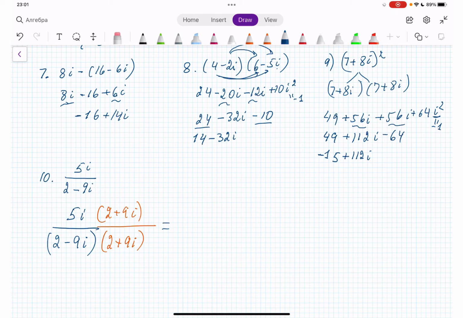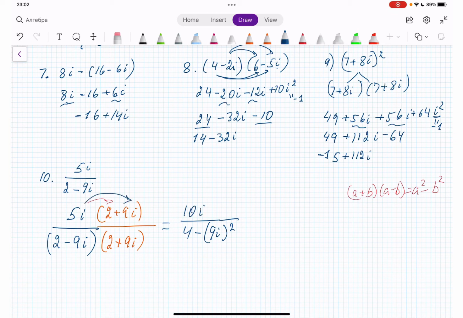Here we solved it, we got 85, but still let me write down: 2 times 2 is 4, and minus 9i squared, because again I'm using the formula (a + b) times (a - b) is equal to a squared minus b squared.